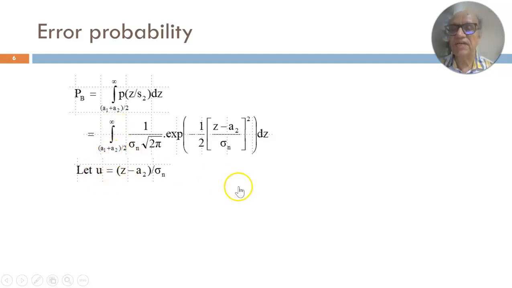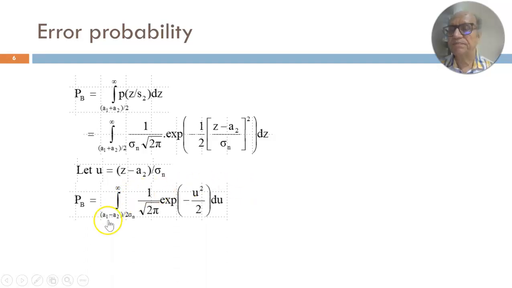The lower limit will be equal to (a1 minus a2) upon 2 sigma n. All you have to do is substitute for z and you will get this. Then since u is given by this, dz can be replaced, the sigma n cancels, and you will get 1 upon root 2 pi, e raised to minus u squared by 2, du.